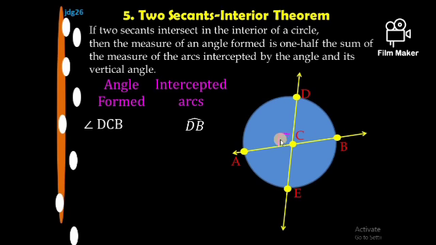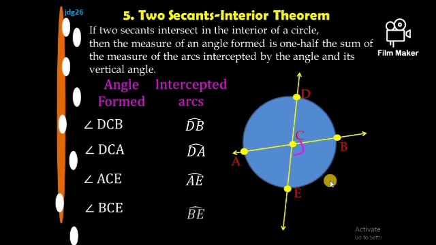Another angle formed is angle DCA and its intercepted arc is arc DA. Another angle is angle ACE and its intercepted arc is arc AE. And another angle formed is angle BCE and its intercepted arc is arc BE.